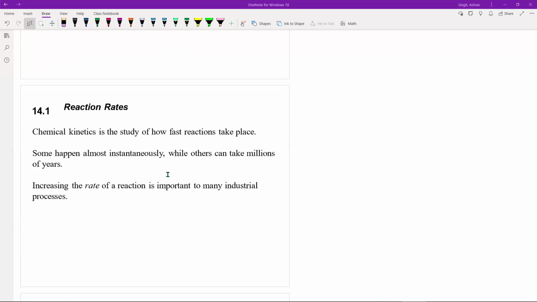Now, in all of your general chemistry one content, when you looked at chemical reactions, we made some general assumptions about how those reactions happened, to the extent at which they occurred, etc. Now we're going to see that there are some pretty big differences in the rates, or how fast those reactions actually take place.